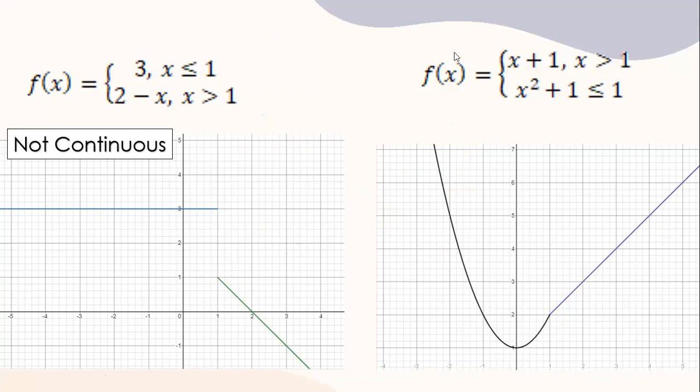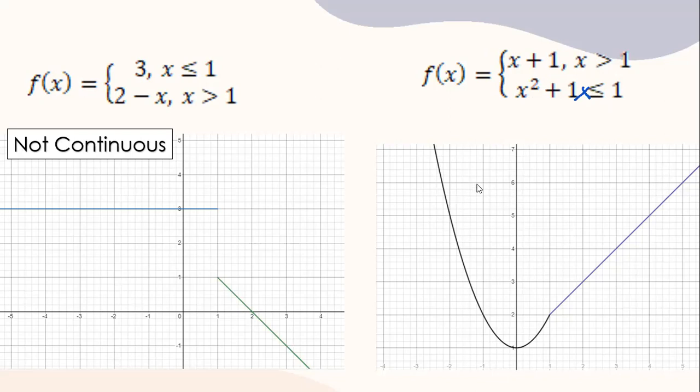Okay, so for our last example, this is its graph. f of x is equal to x plus 1 for x is greater than 1 and x squared plus 1 for x is less than or equal to 1. As we can see here in our graph, the pieces are joined together, and our graph is continuous.